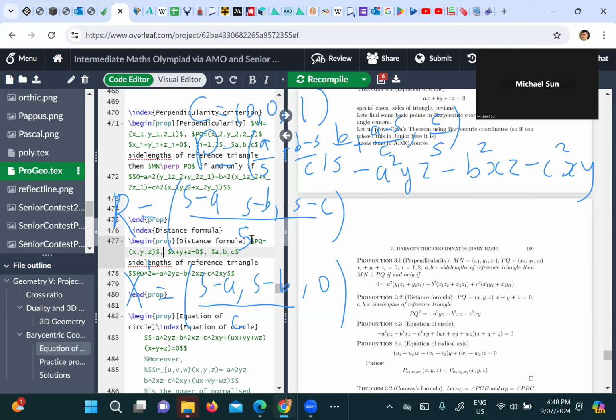Wait, what's the factor? C minus S squared. Wait, did you get this?